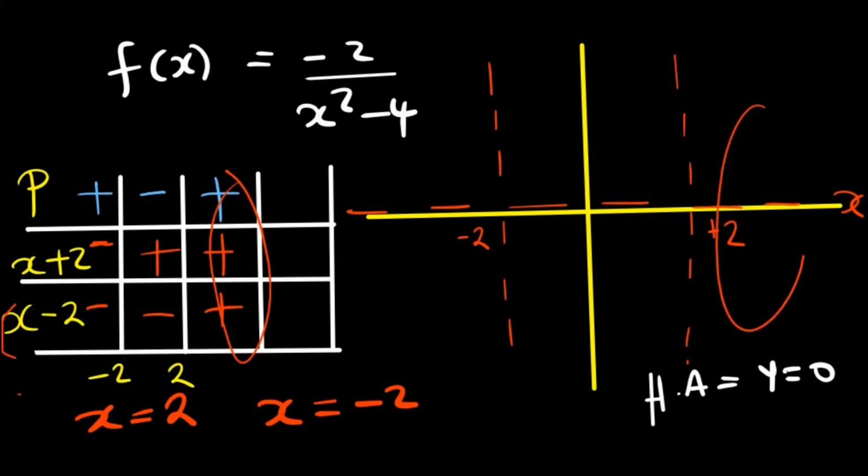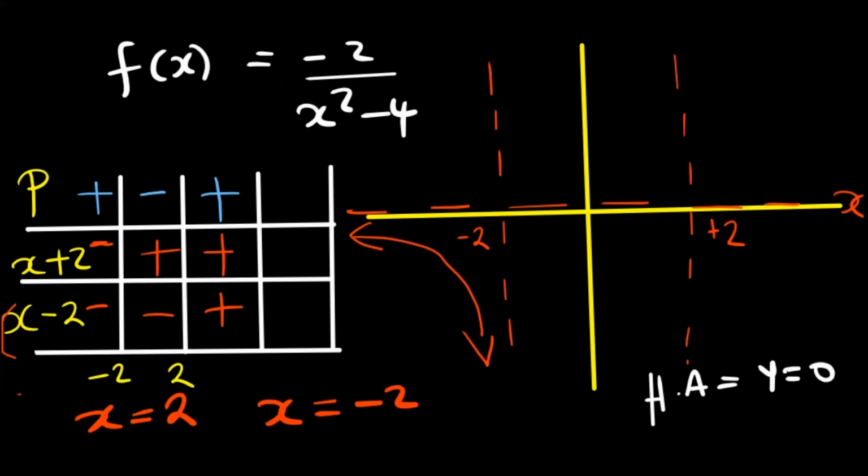So let's start with this one as a positive, this one as a negative. When we divide them, we're going to get a negative number, right? So our graph is going to go there in the negatives.